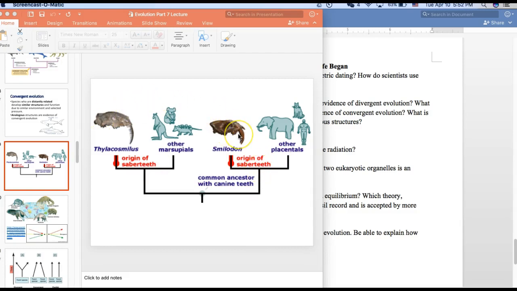They both look like flying squirrels, and they can fly between trees, and it's pretty funny. However, their ability to fly between trees did not develop because the common ancestor, right here, had the ability to fly. They developed their ability to fly on their own. It's not due to common ancestry.